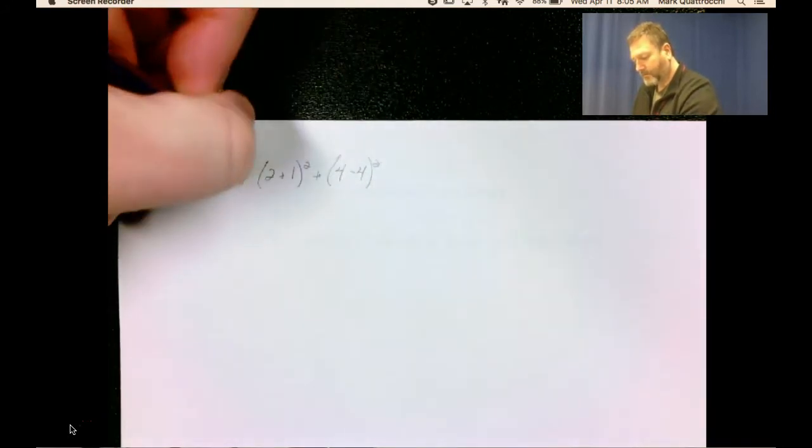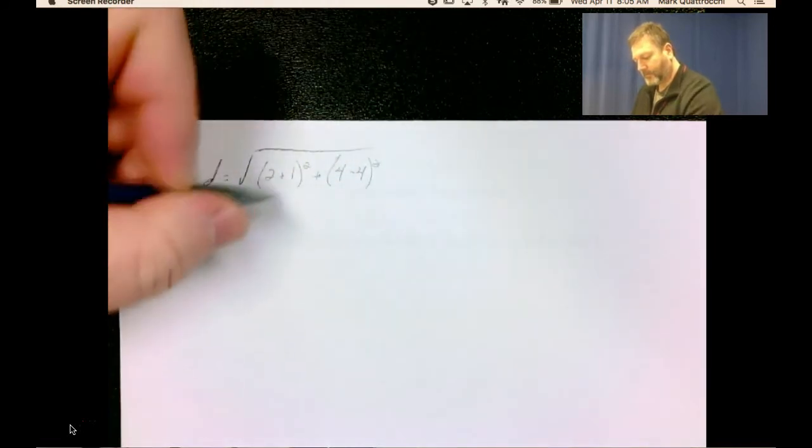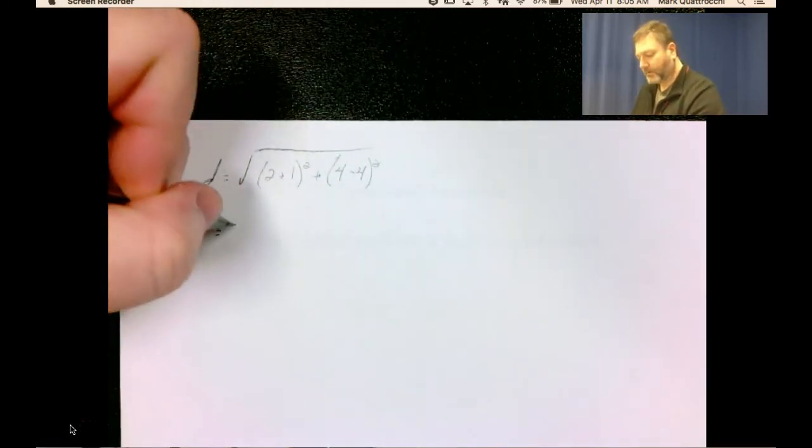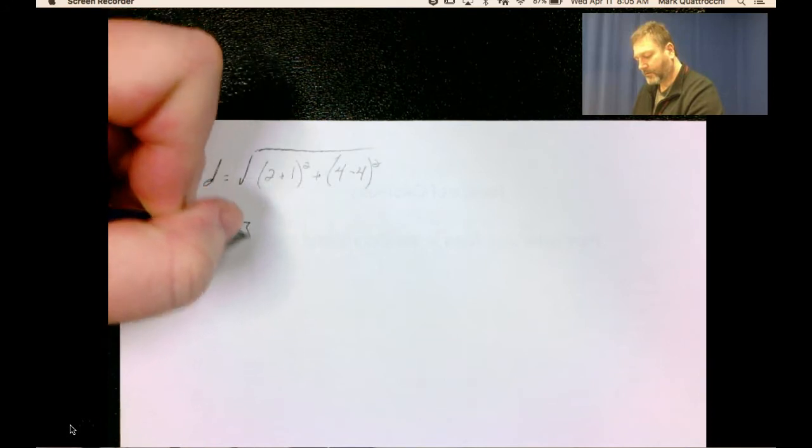Distance equals the square root of 2 minus -1, which is 2 plus 1, squared, plus 4 minus 4 squared, the square root of 3 squared, or 3.